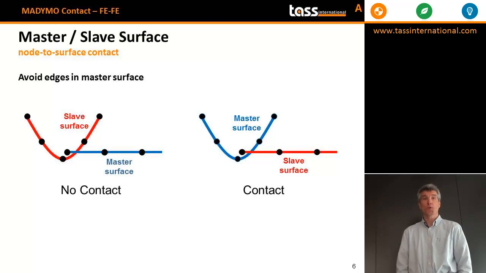Here you see an example of the edges. On the left side you see a master surface which is penetrating the slave surface. As the master is the surface and the slaves are the nodes, in this case there is no contact detected. If you go to the right situation, the slave are the nodes and now the most left node is penetrating the master surface.